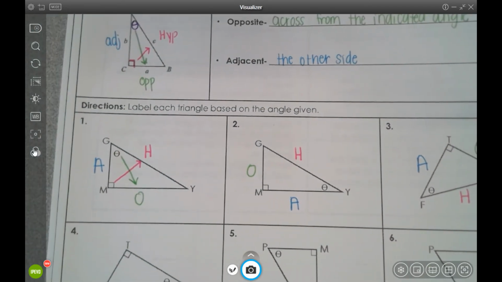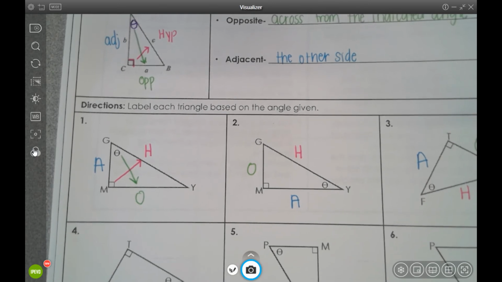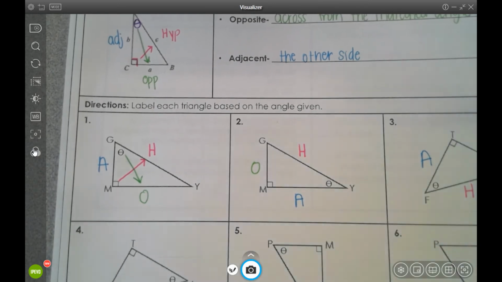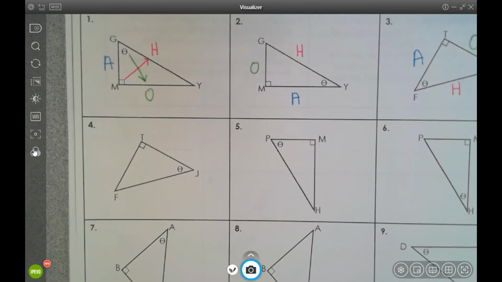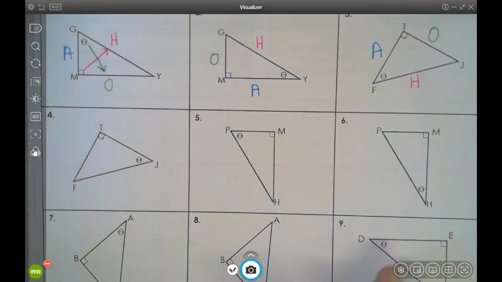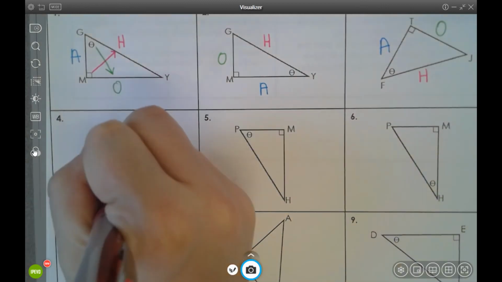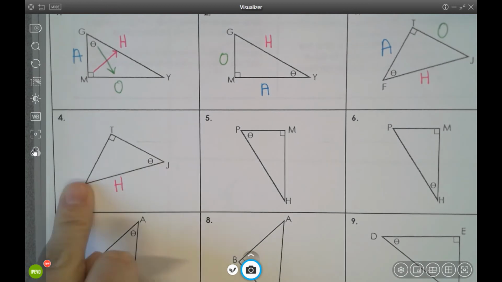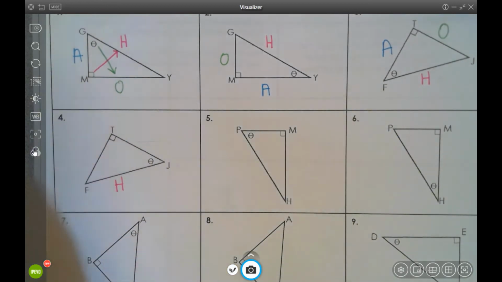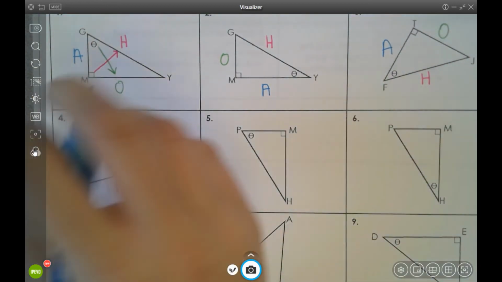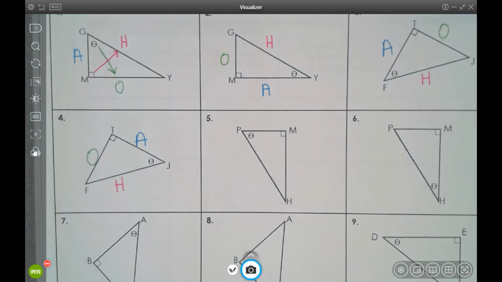In order to be awesome at trig and quick at it, you've got to be really good at labeling these sides. All right. So number 4, again, it's the same triangle, but my angle is different. So my opposite and adjacent are flipped.